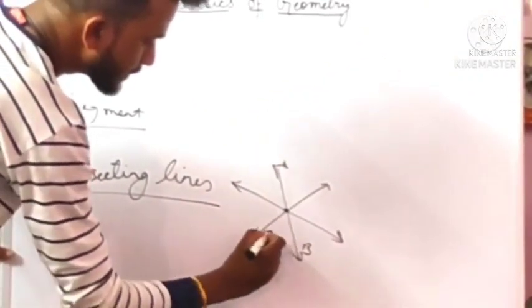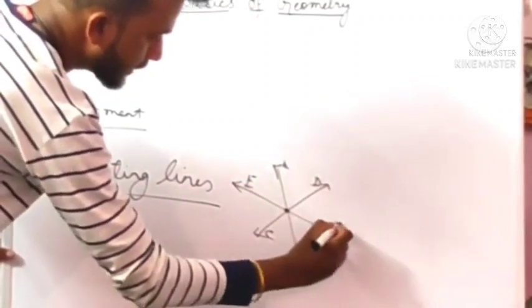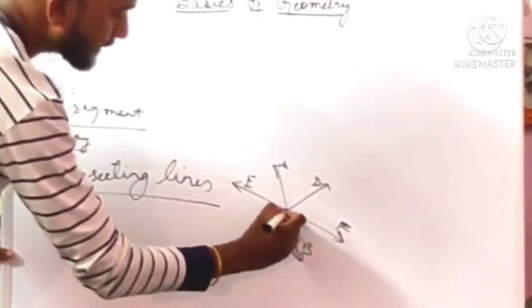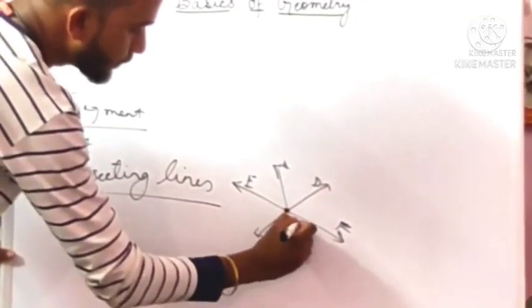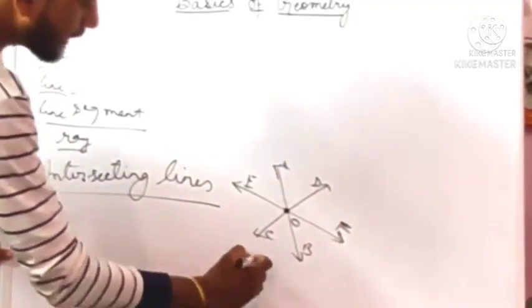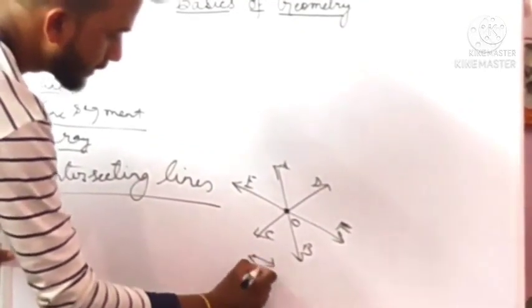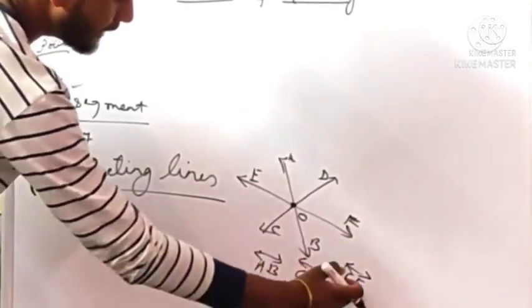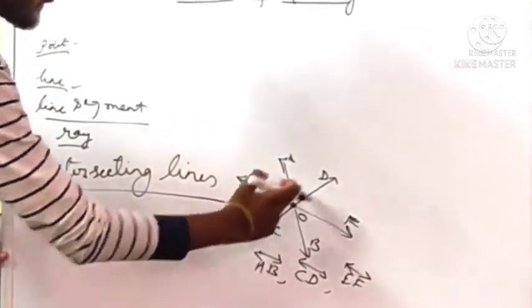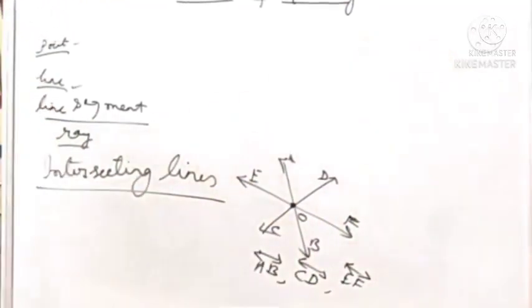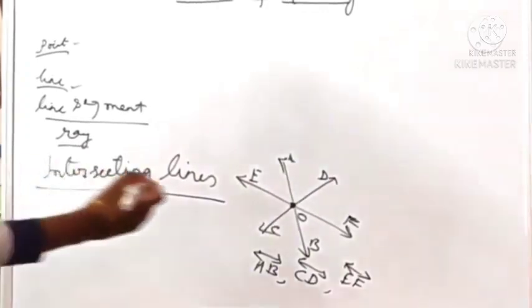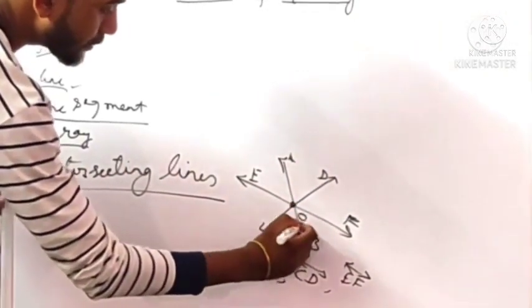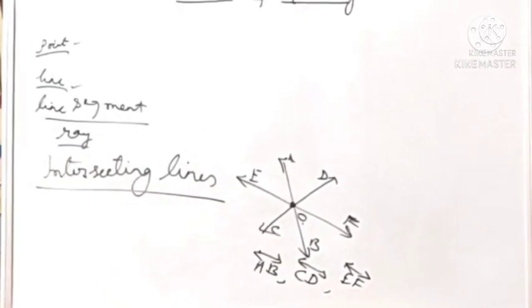Suppose A, B, C, D, E, F; you can give it any name. These lines are intersecting each other at one common point, suppose O. So you can say line AB, line CD, line EF are intersecting each other at point O. That means they will be said as intersecting lines, and the common point at which they are intersecting each other, this one O, can be said as the point of intersection.